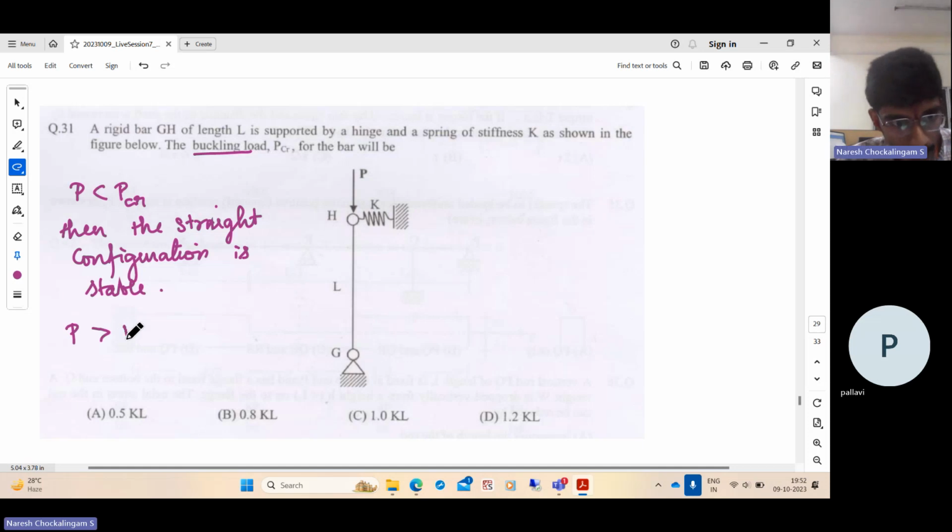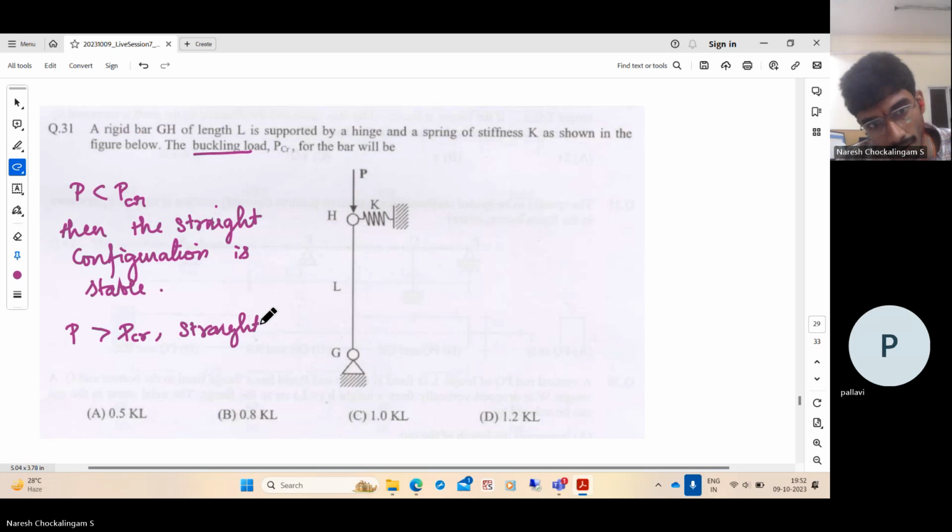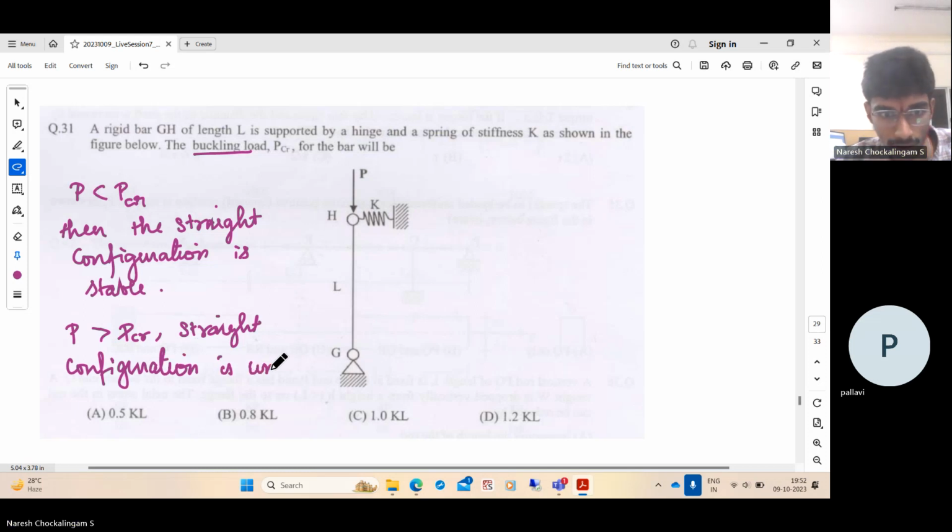And if P is greater than P critical, the straight configuration is unstable. Okay. What do I mean by straight configuration?